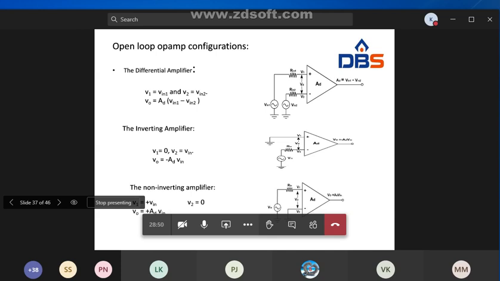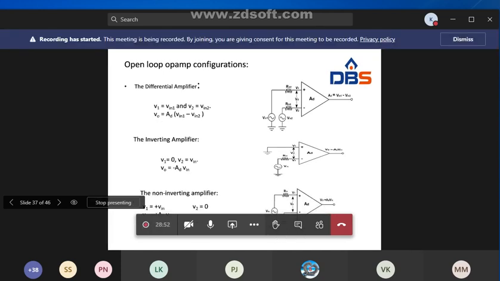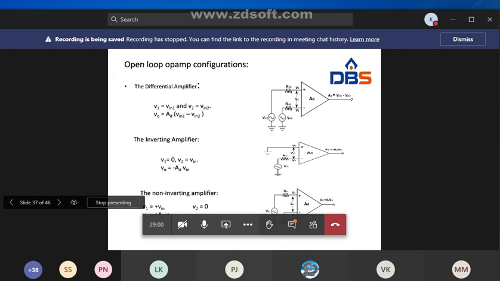The third one is differential amplifier. See here, in the differential amplifier we are having two inputs, Vin1 and Vin2. Vin1 is applied to the non-inverting terminal, and Vin2 is applied to the inverting terminal.